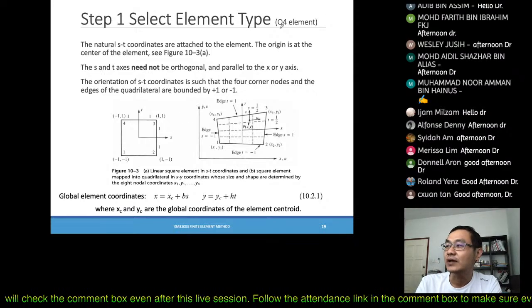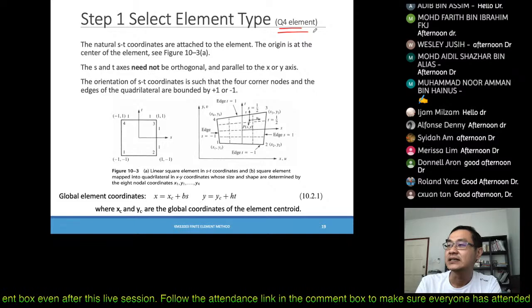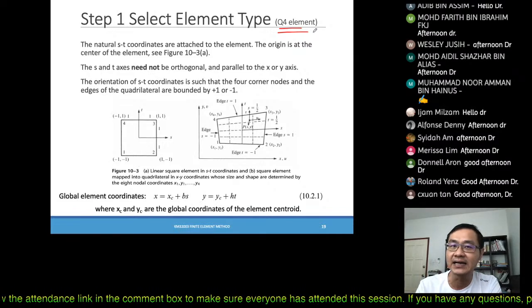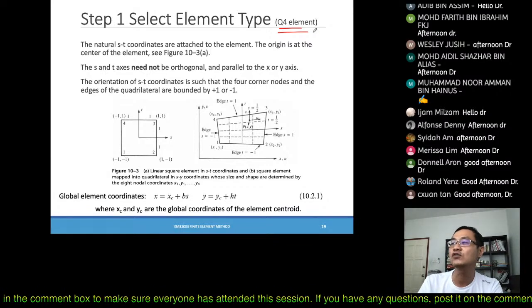Again, we will look at another type of element where we can apply the isoparametric formulations, the Q4 elements.